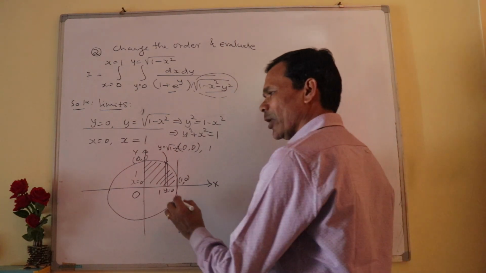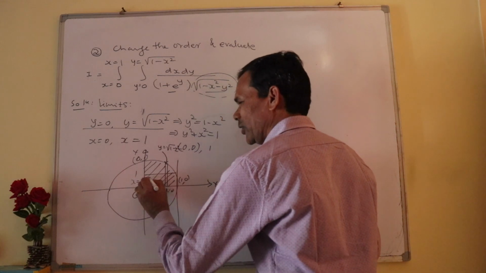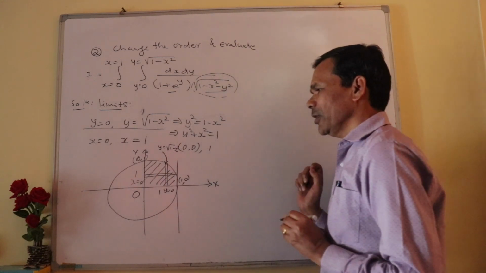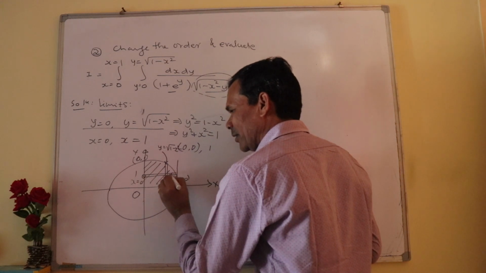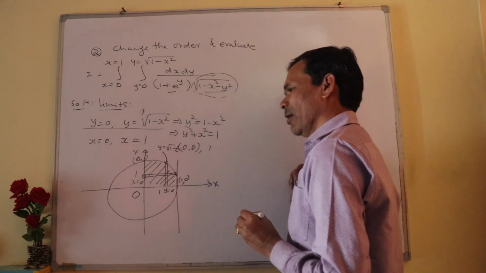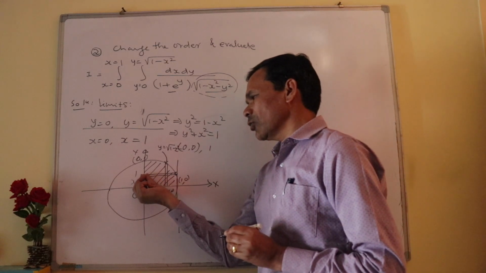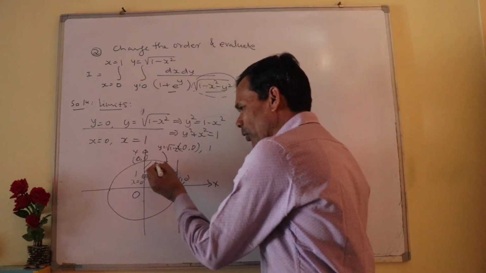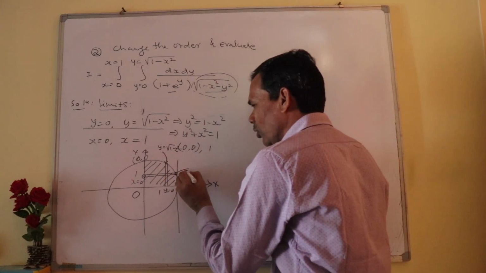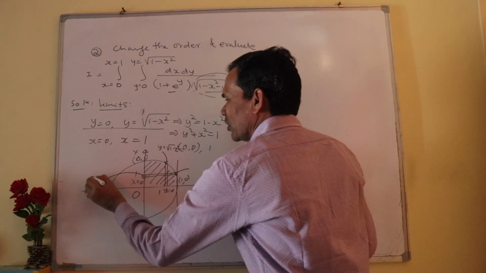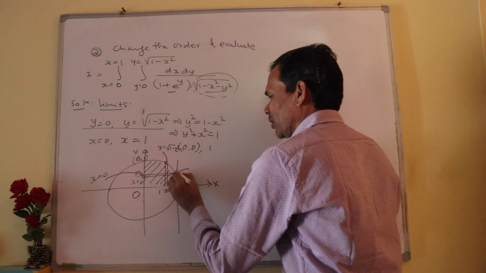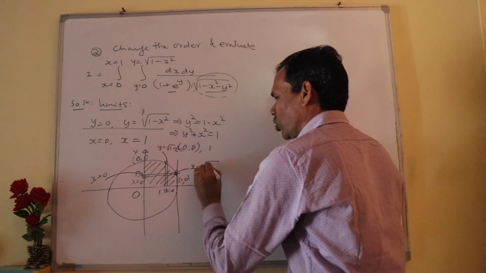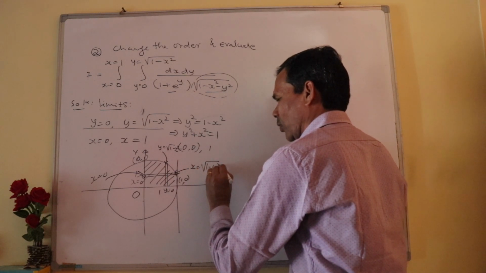Now to change or reverse the order of integration, we take the opposite strip here. If you observe this strip at this particular point, here x is equal to 0 and this is the boundary of the circle. So this is x is equal to 0 and this is x is equal to root of 1 minus y square.